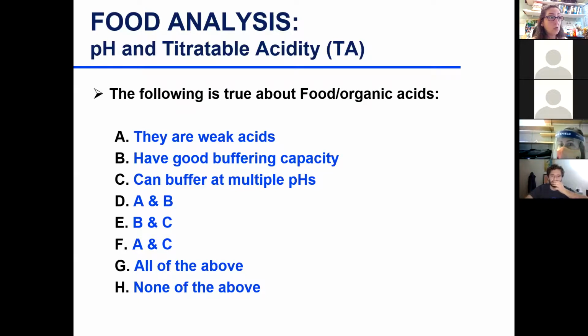So can you tell me what pKa is? I've been talking about pKa, and I just want to make sure you know what pKa is. What is pKa? Yeah, it is negative log of Ka. Yes, but what is it? It has a different definition.